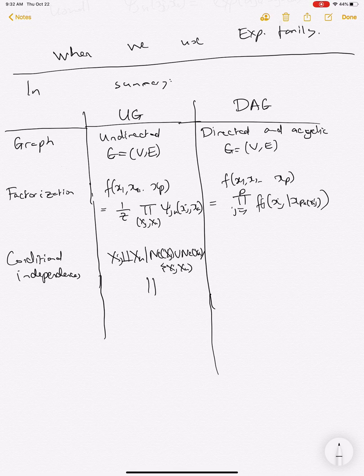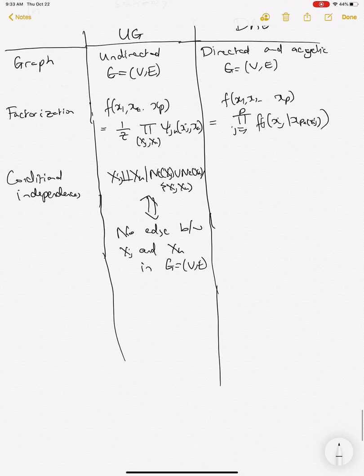And this is equivalent to no edge between xj and xk in your graph. And then for DAGs, we have the same thing, but replaced by parents: parents of xj union parents of xk, but not including the nodes themselves.